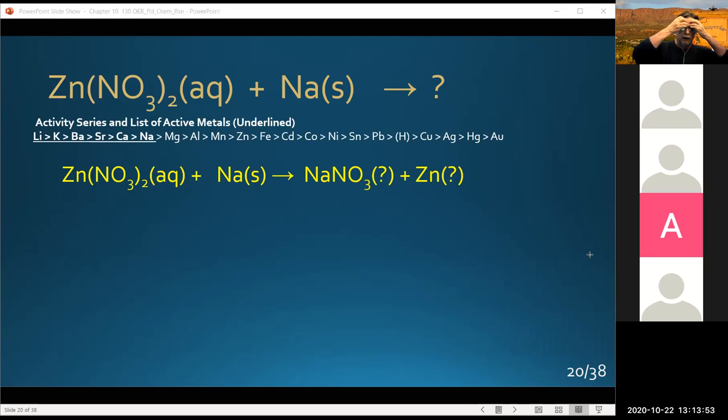Let's take the first one, zinc nitrate. Now, does everybody agree that the nitrate, the NO3 in parentheses, has a negative 3 charge? Excuse me, -1 charge.